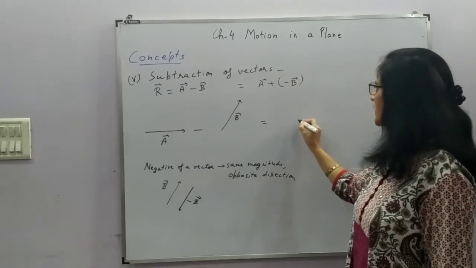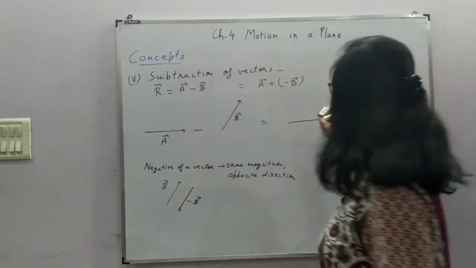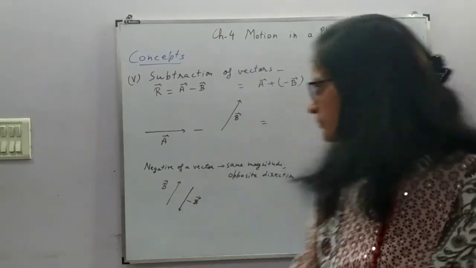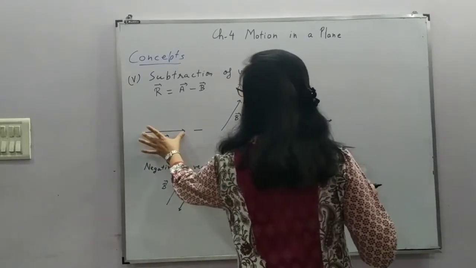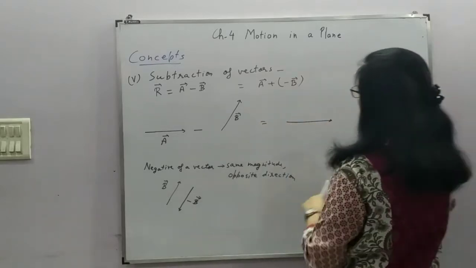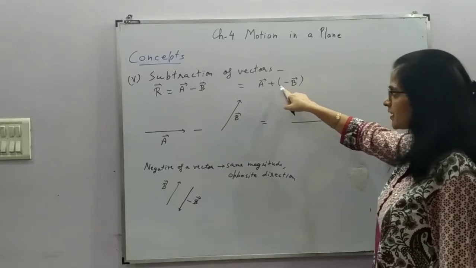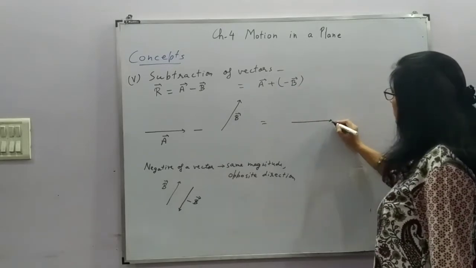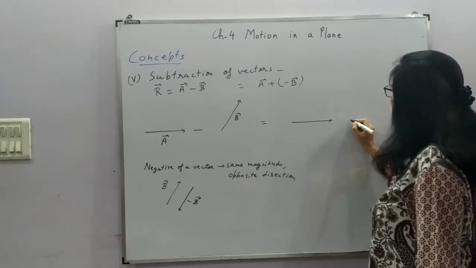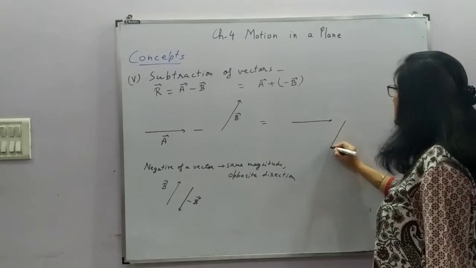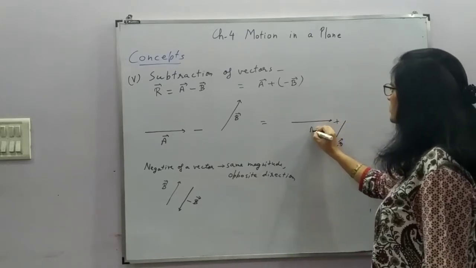So this can be written as A vector, and I have to write minus B vector and then I'll add it. So minus B means I'll simply change its direction. This will be minus B vector and I have to add these two.